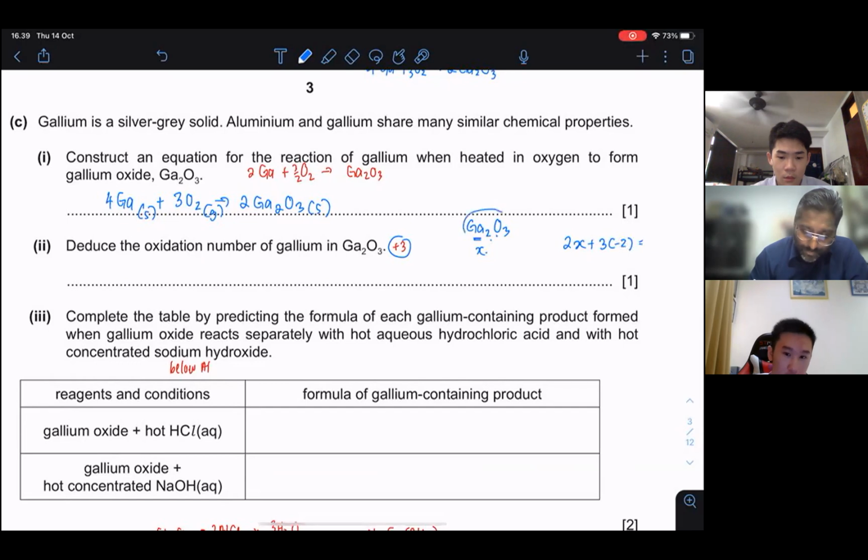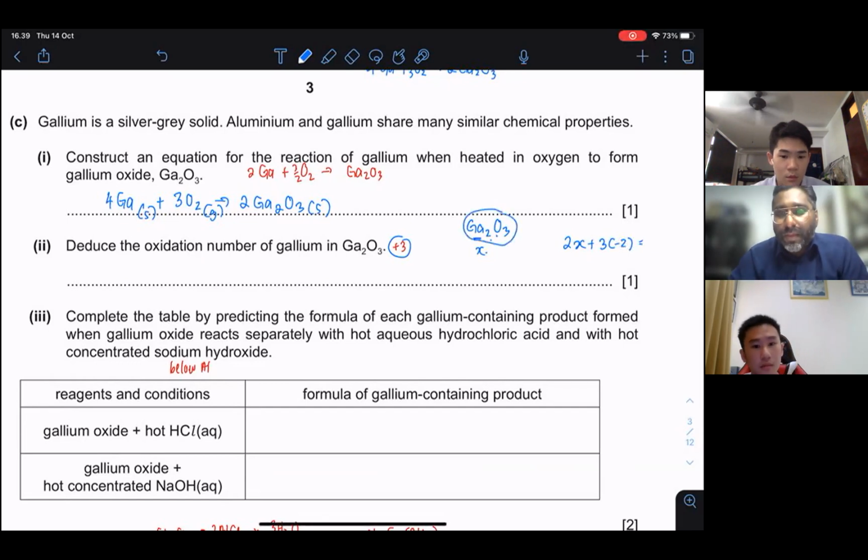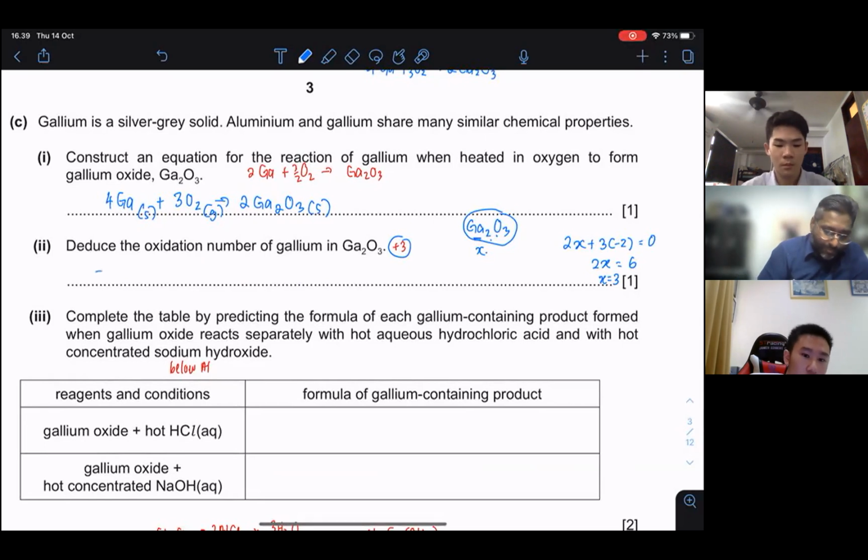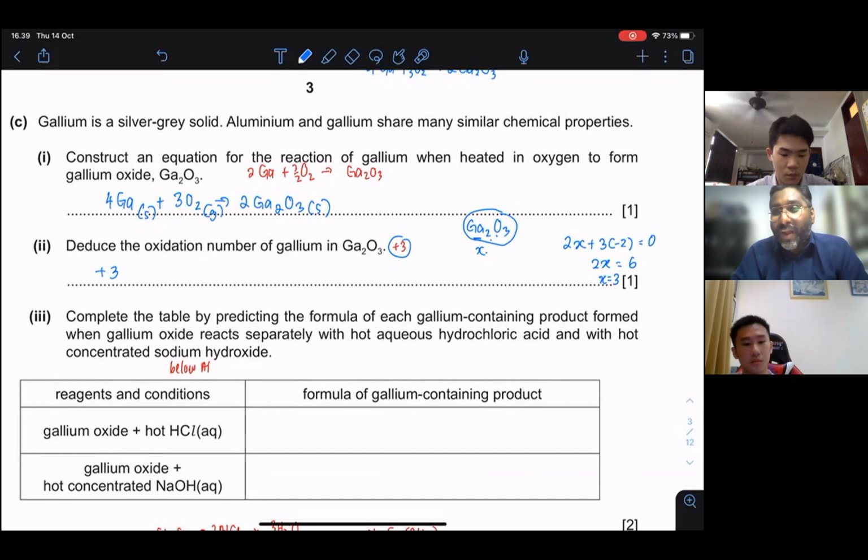The overall is a neutral molecule, so it equals 0. Then you just need to find what is X. This is -6, you bring to the right, it's +6. X equals 6 divided by 2 is 3. But don't simply just put 3. It is important to put it as +3. And don't put 3 plus, that is for an ion.